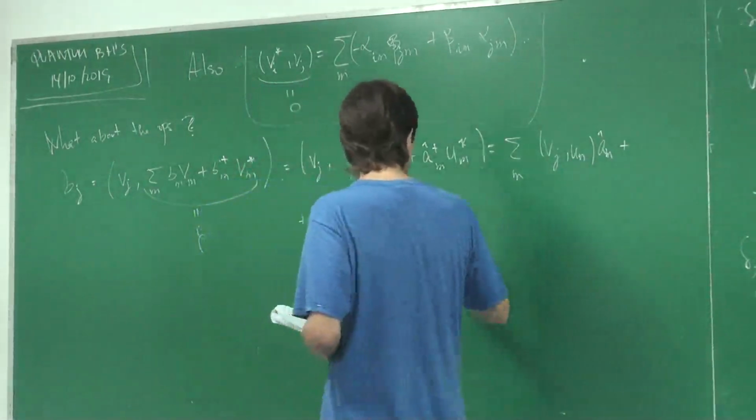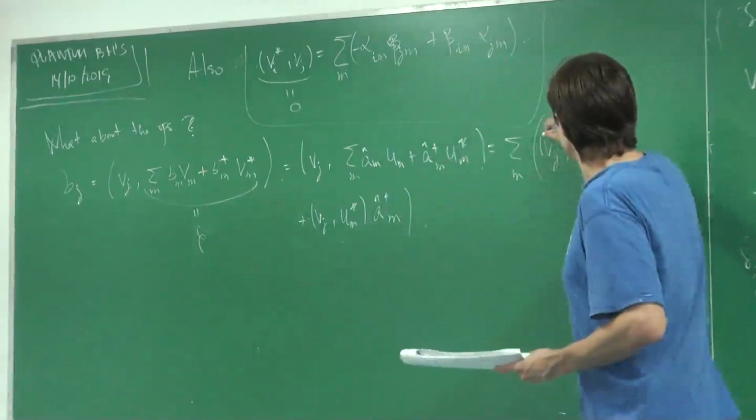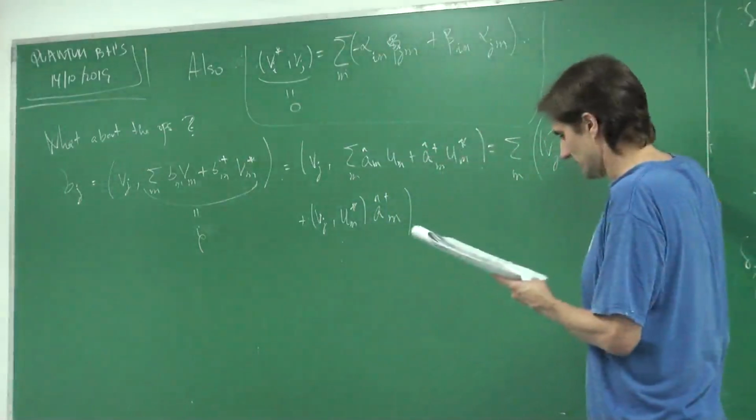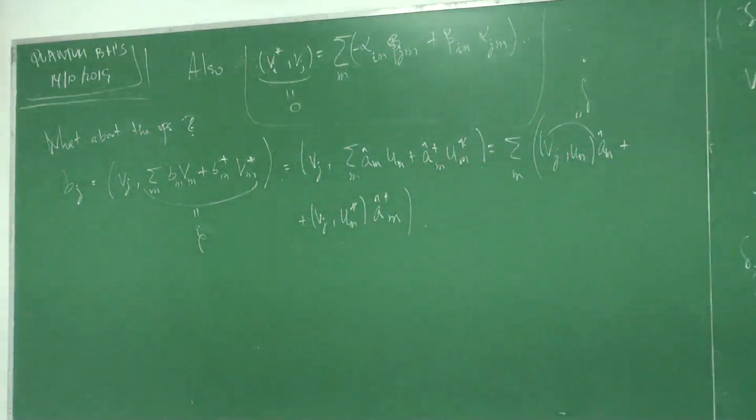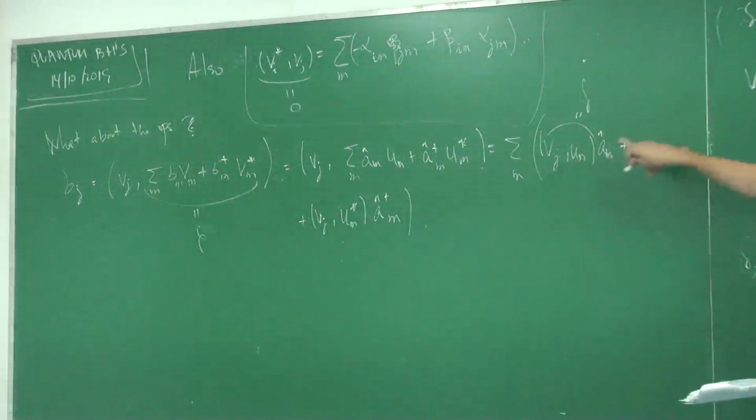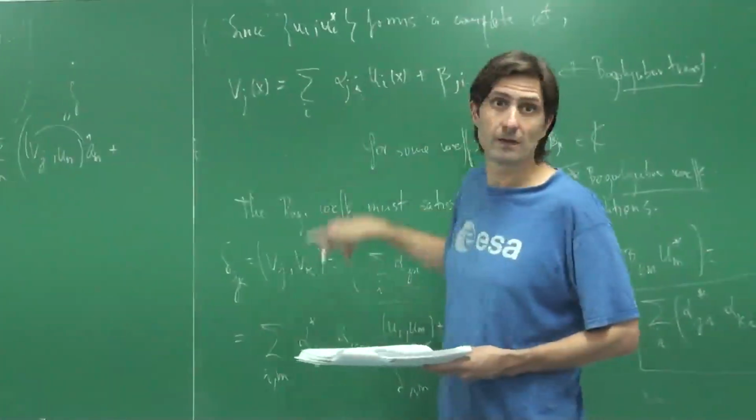So this guy is just delta, and you just go back here, you put this expression for V in here, and you just recover the alpha.